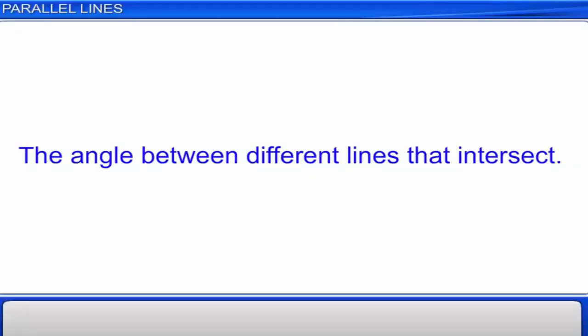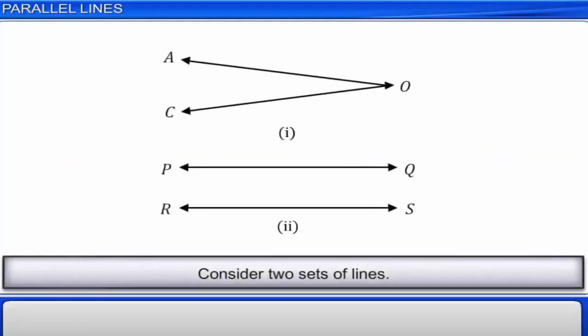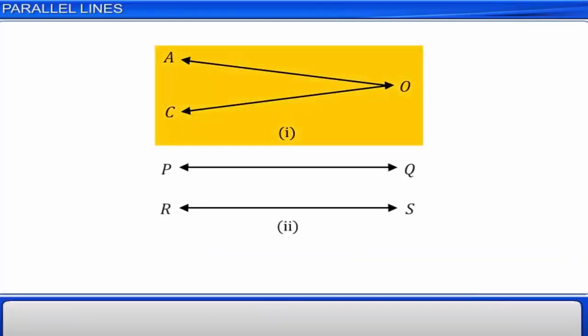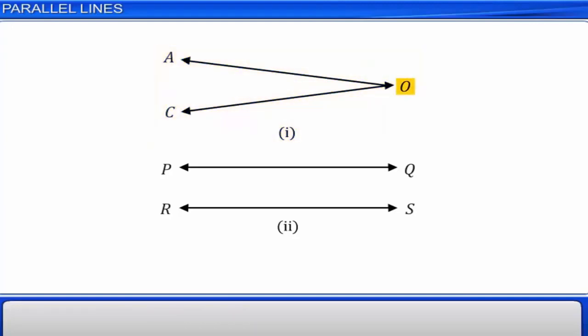We have learnt to find the angle between different lines that intersect. Let's recap. Consider the two sets of lines as shown. We observe that the first set of lines meet at a point O, and the second set of lines never meet.